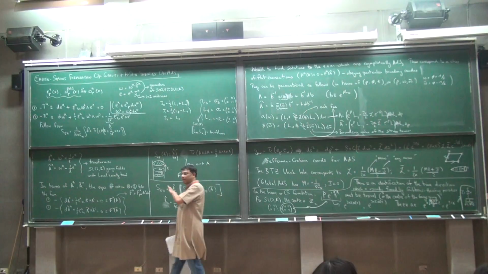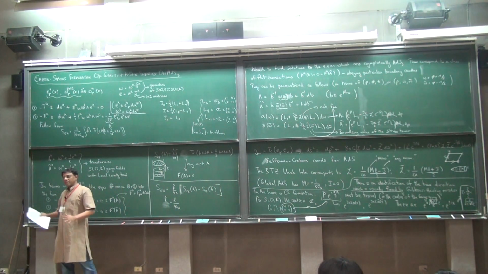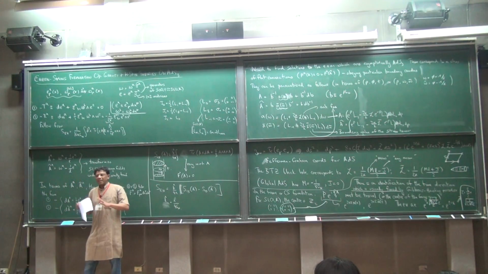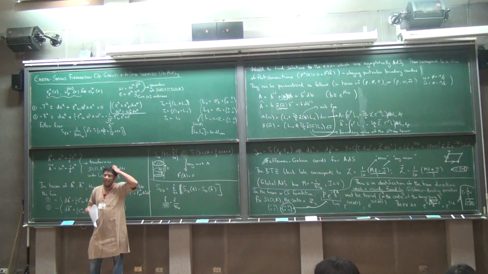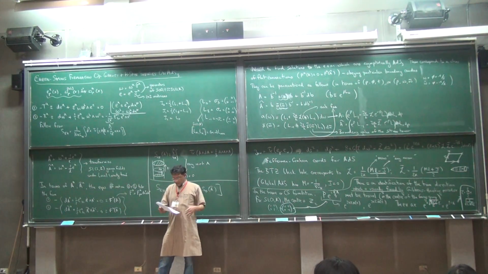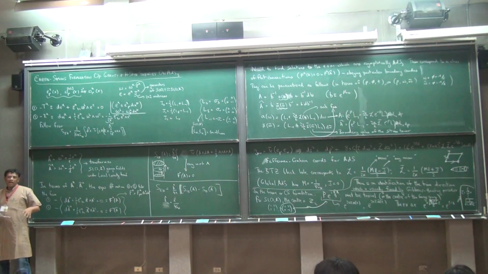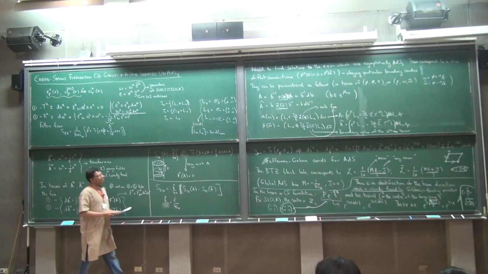So the whole goal is to reformulate many of the intuitions and features in the usual metric-like formulation into this gauge theory language, because when we generalize to higher spins, the metric-like intuition will not be there.